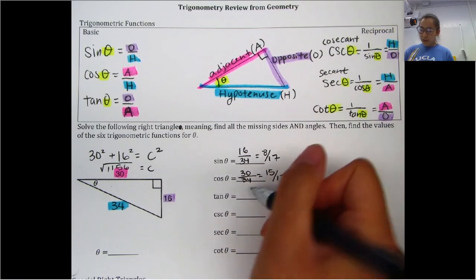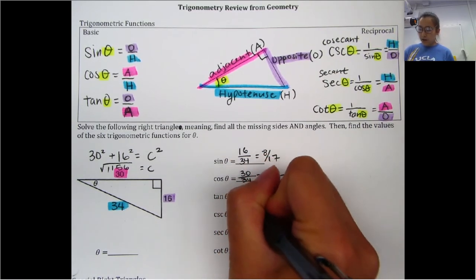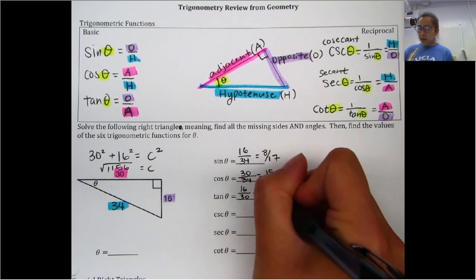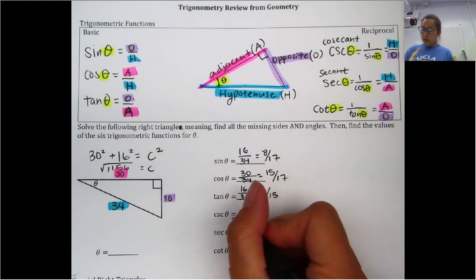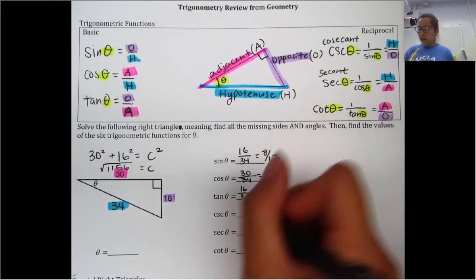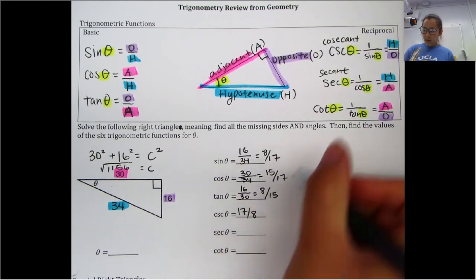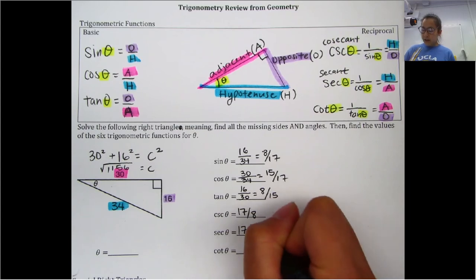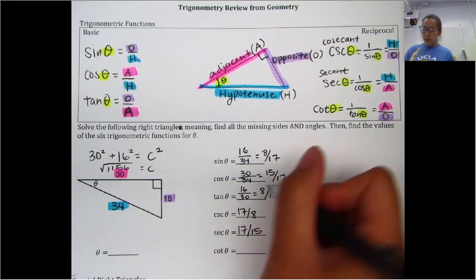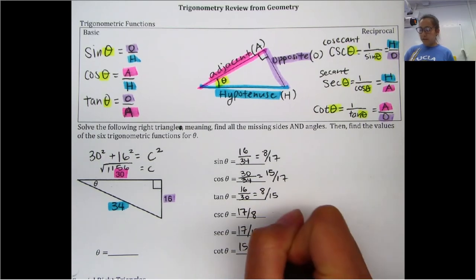Tangent of theta is opposite over adjacent, that's 16 over 30, which simplifies to 8 over 15. For cosecant, we take the flip of sine, so that's 17 over 8. Secant is the flip of cosine, so that's 17 over 15. And cotangent is the flip of 8 over 15, so that's 15 over 8.